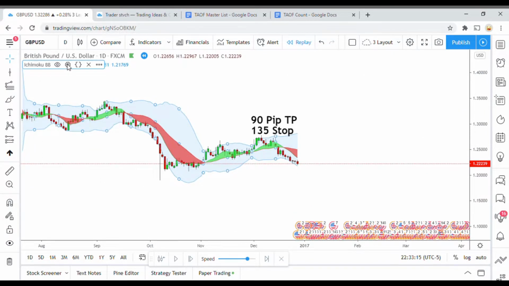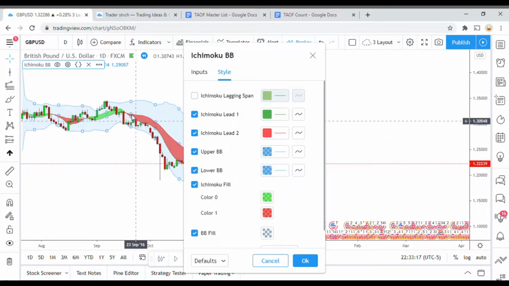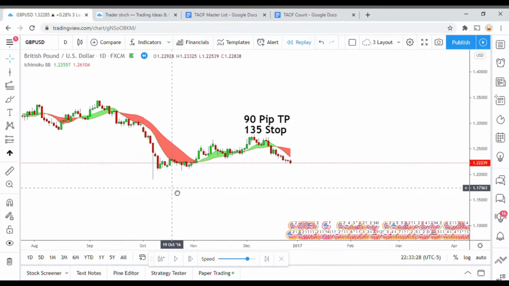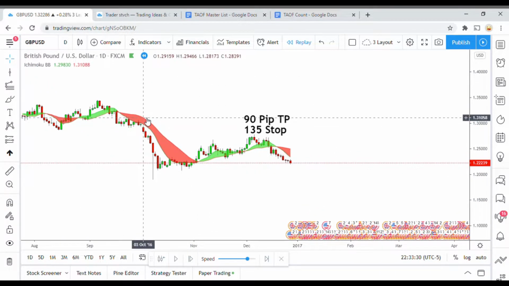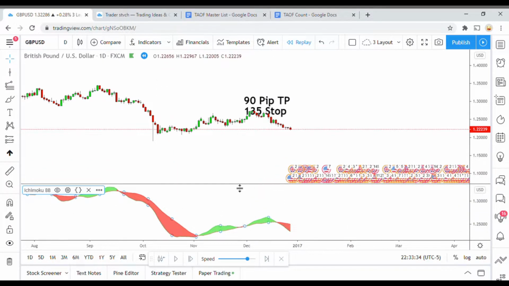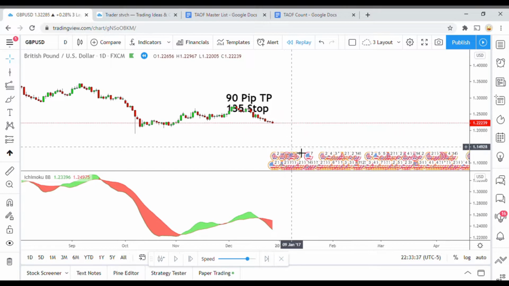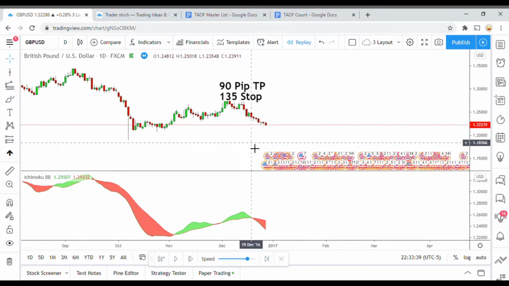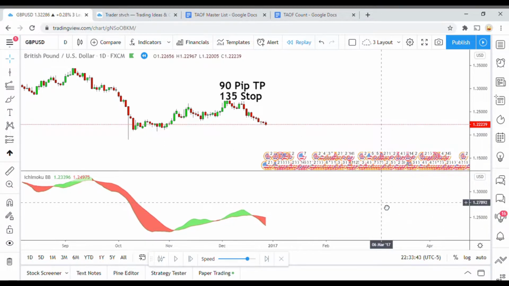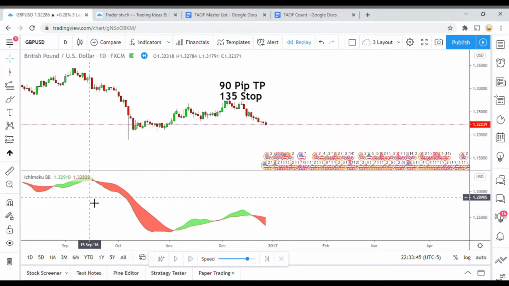I believe the best way to trade this really is to just trade the red and green cloud portion of the indicator. Basically we have this. I'm going to drop this back down here and keep it below price action, just so it's a little bit easier to see.